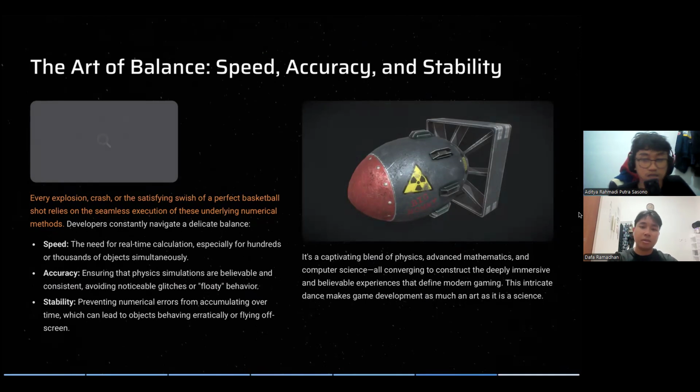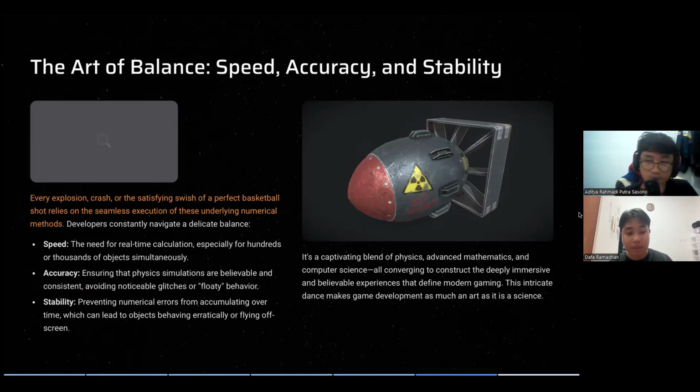The art of balance: speed, accuracy, and stability. Every explosion, crash, or satisfying swish of a perfect basketball shot relies on the seamless execution of these underlying numerical methods. Developers constantly navigate a delicate balance. First is speed, the need for real-time calculations, especially for hundreds or thousands of objects simultaneously. The second is accuracy, ensuring that physics simulations are believable and consistent, avoiding noticeable glitches or floaty behavior.